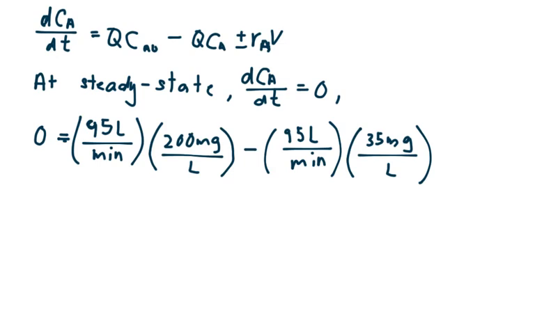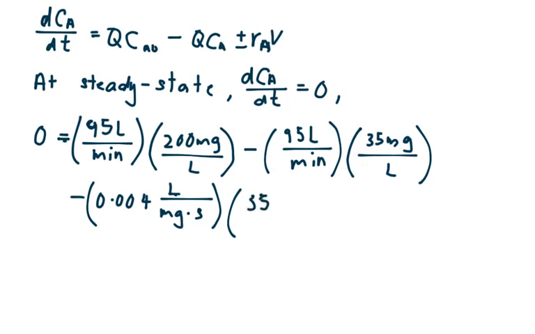Then you will have a negative because it's a second order reaction, so kCA squared. The k value is given as 0.004 liter per milligram second, multiplied by the concentration out from the system, so it's 35 milligrams per liter, but don't forget you need to square this value, then you multiply by the volume.